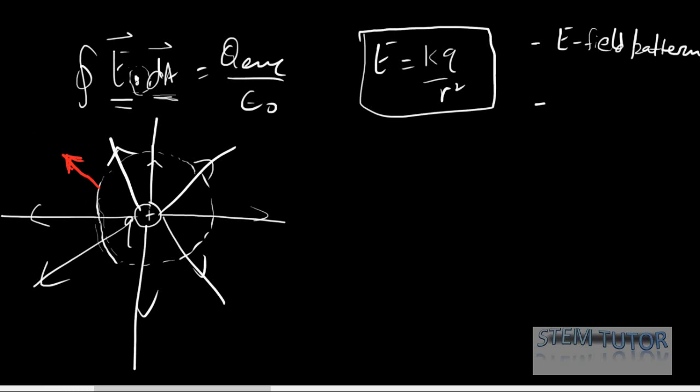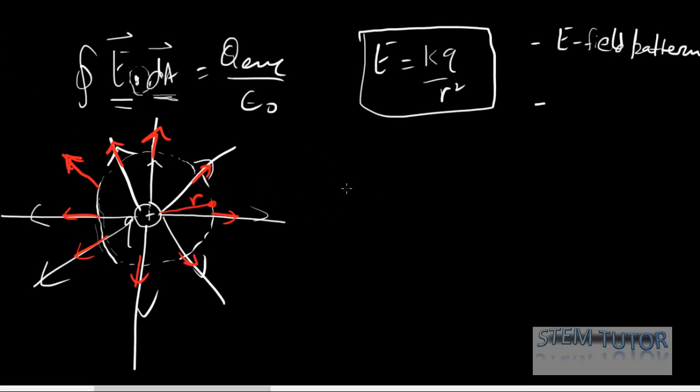Here, here, and here. Because dA is always parallel to the electric field, the dot product goes away. So we pick a Gaussian surface of radius r to be a sphere, and that gets rid of the dot product.